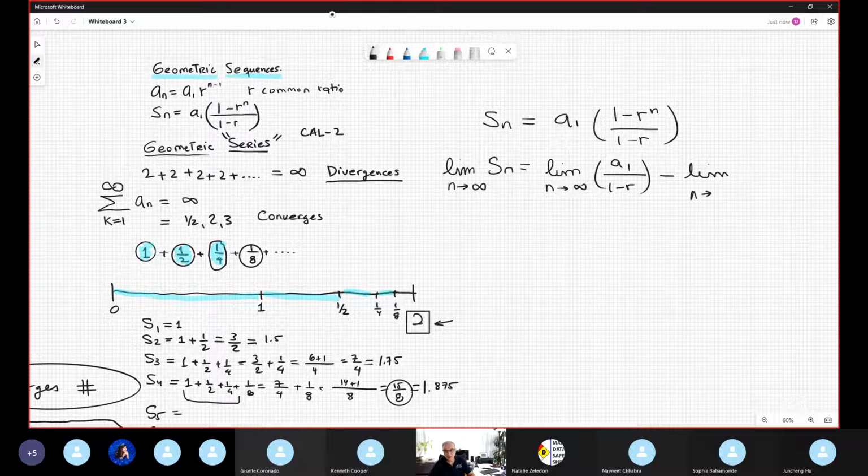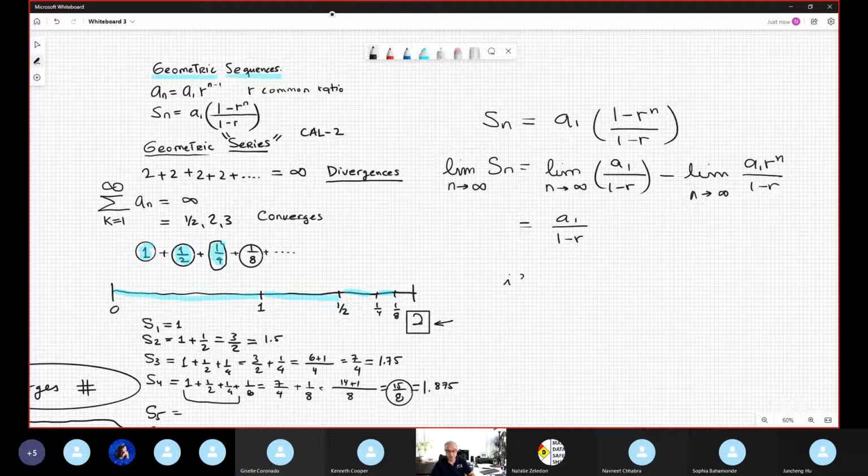The limit when n approaches infinity of a1 times r to the n, divided by 1 minus r. Well, that part is constant, it does not depend on n. Therefore, the answer is this. That part no, the part depending on n. So, what's going on?